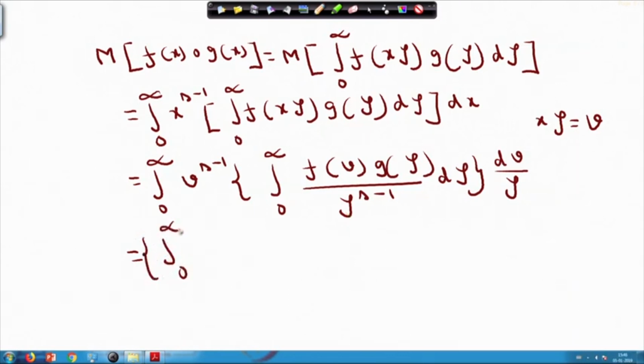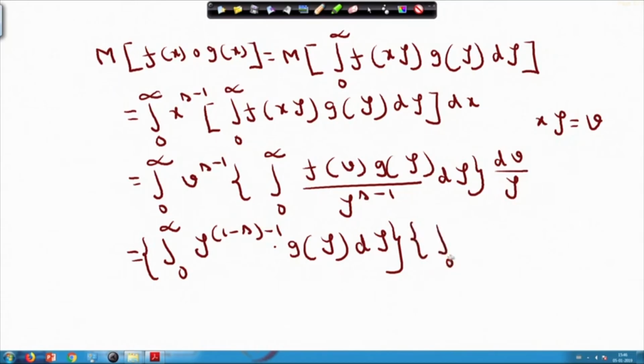One will be the integral from 0 to infinity of eta to the power 1 minus s minus 1, since eta to the power s was there, into g(eta) d eta, as eta to the power 1 minus s is there. The other integral will be 0 to infinity v to the power s minus 1 into the function of v into dv.